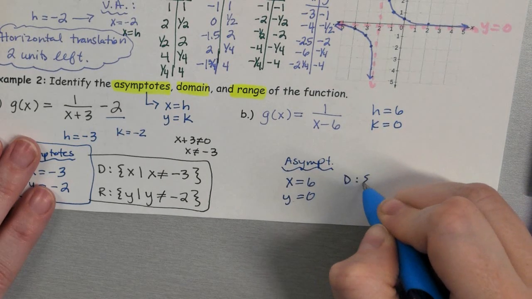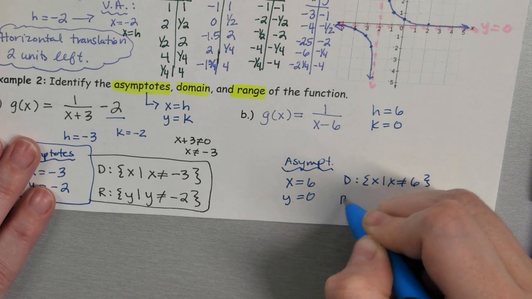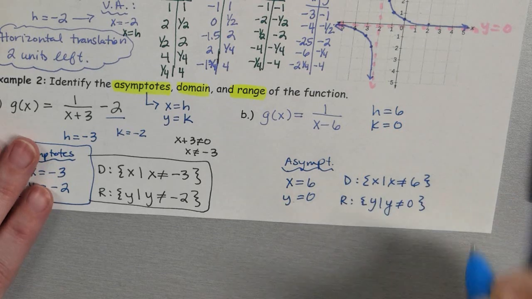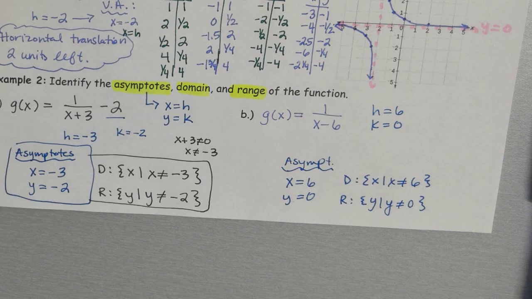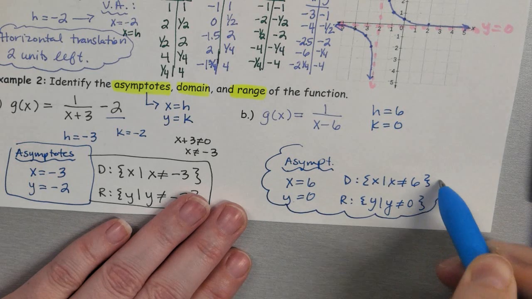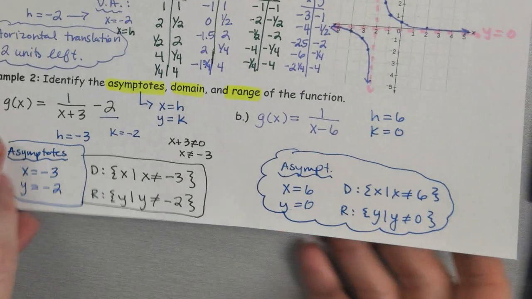Your domain is x such that x cannot be 6. Your range is y such that y cannot be 0. How do we do? You said that was suspiciously simple. That's just exactly what we're going to do when we start graphing these other types of parabolas.